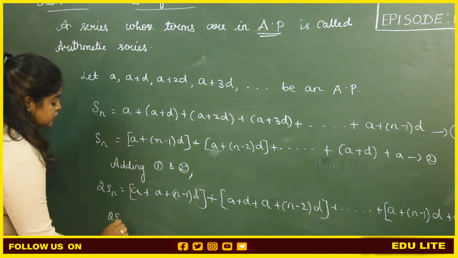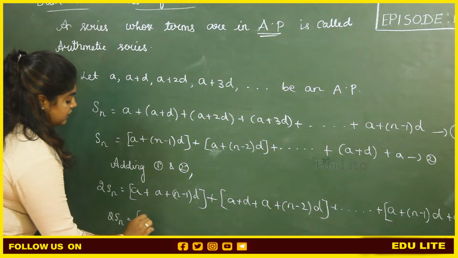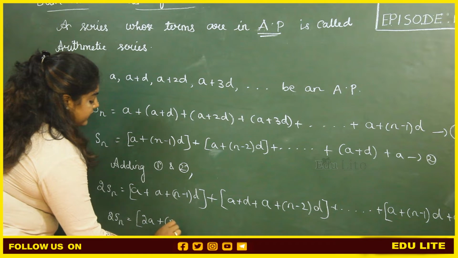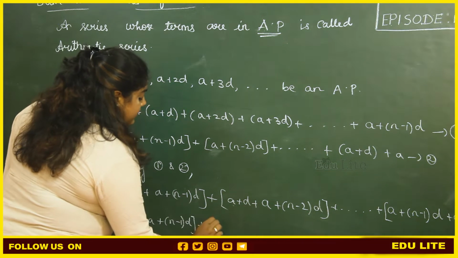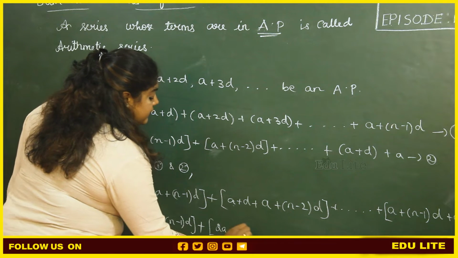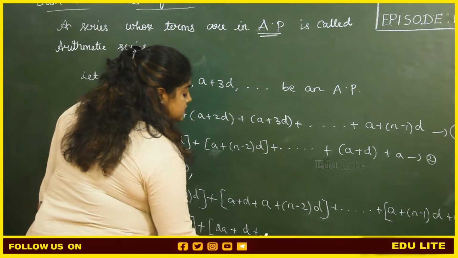2Sn is equal to A plus A, 2A, plus (n minus 1) into D. Here also A plus A, 2A. The remaining term is D plus, we will remove the brackets as well.